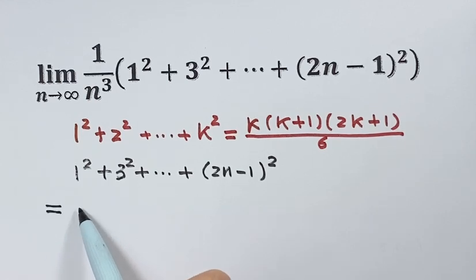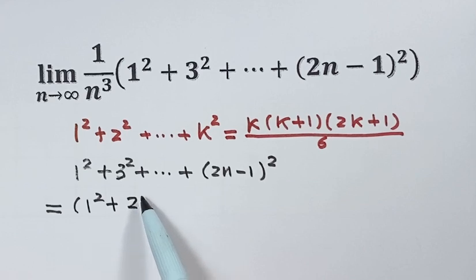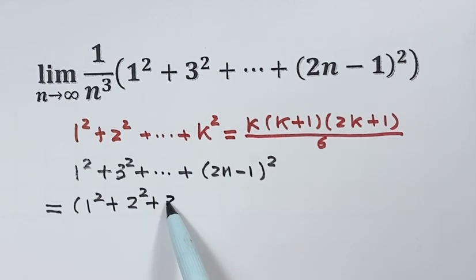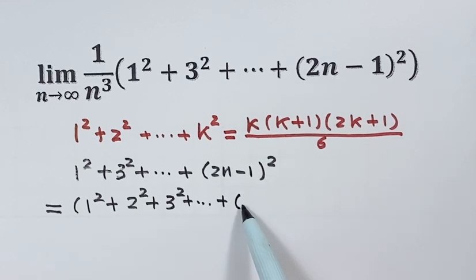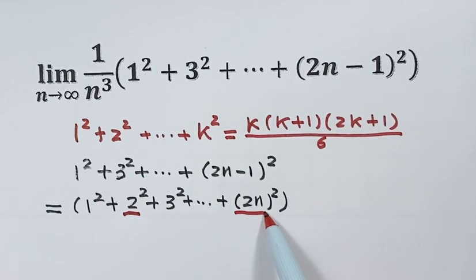We are going to write 1 squared plus 2 squared plus 3 squared up to 2n squared. Then compare these two groups. What terms are in this group? That's just even numbers squared, like 2 squared, 4 squared, up to 2n squared.